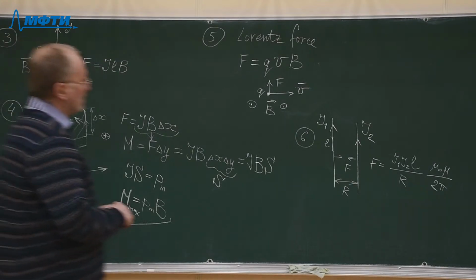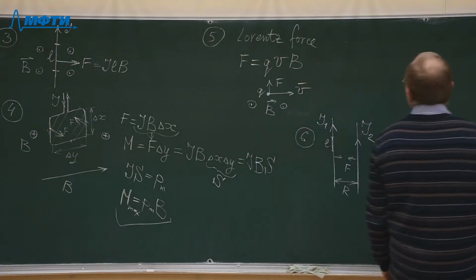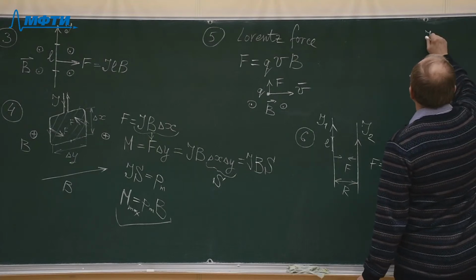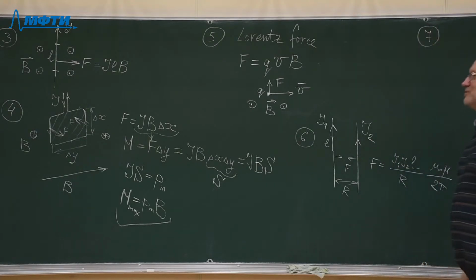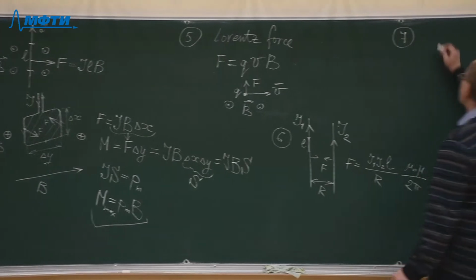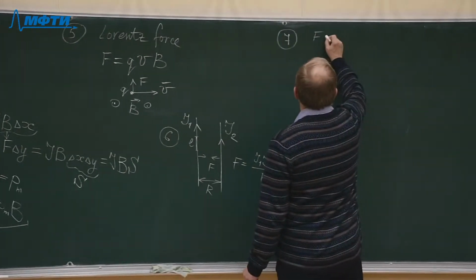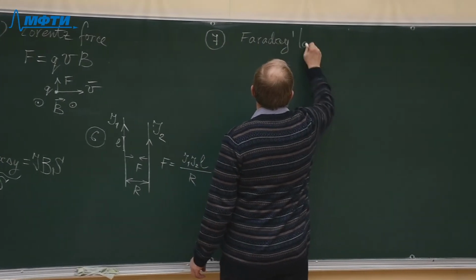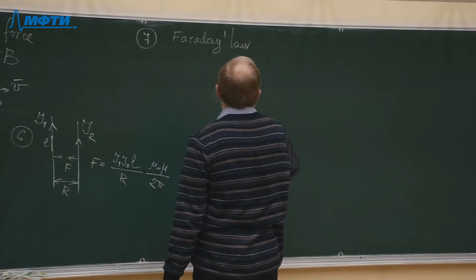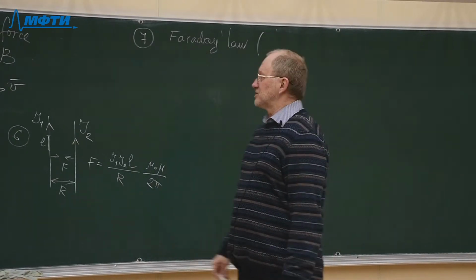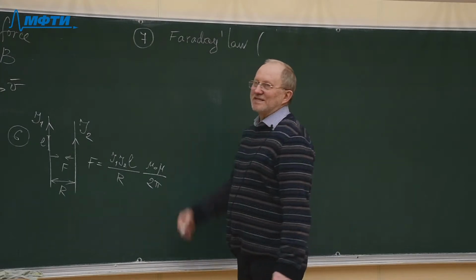We discussed all these facts during the last lecture, and now we will discuss something new, fact number 7 about the magnetic field. Fact number 7 is Faraday's law of electromagnetic induction. Michael Faraday carried out his experiments with magnetic fields almost during 10 years.